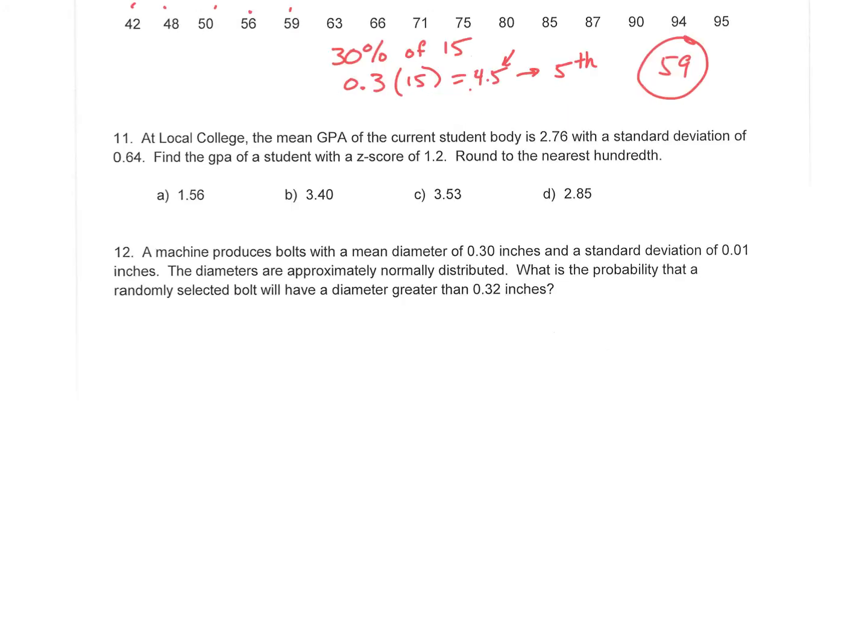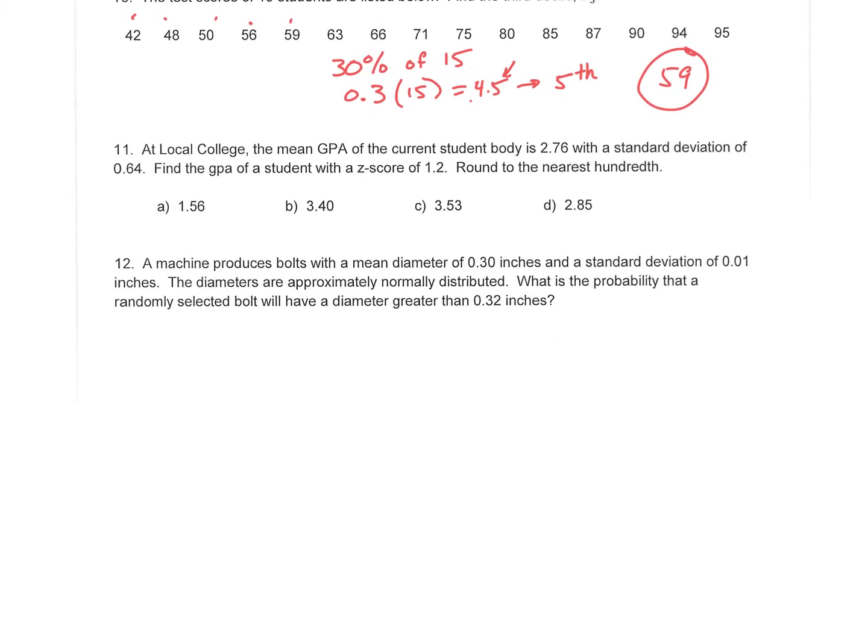At a local college, the mean GPA of the current student body is 2.76 with a standard deviation of 0.64. Find the GPA of a student with a z-score of 1.2. Okay, so our z formula is x minus x bar over s.